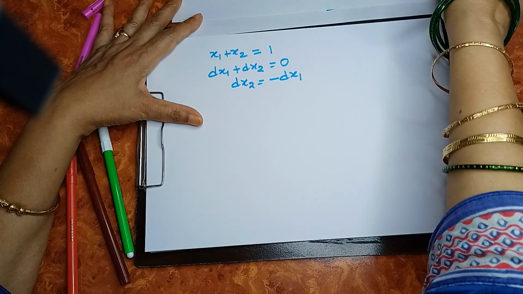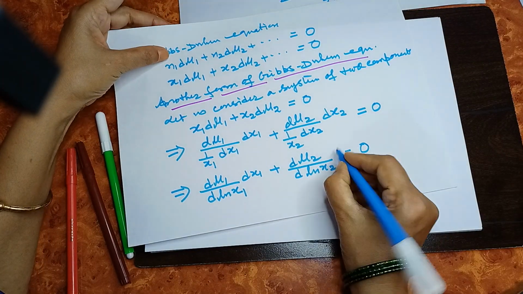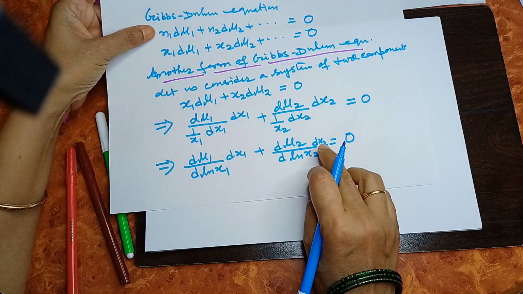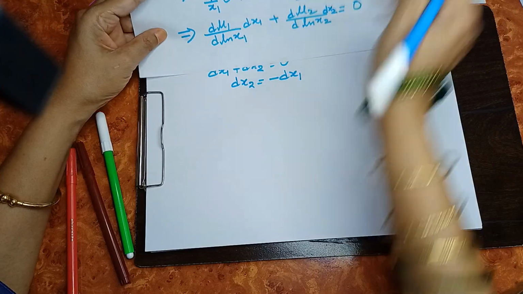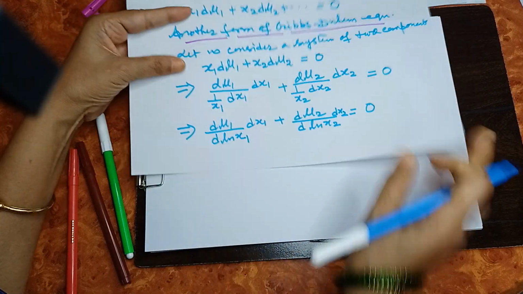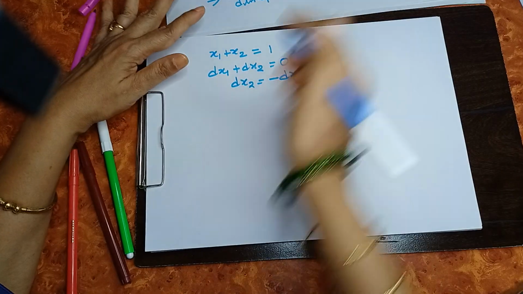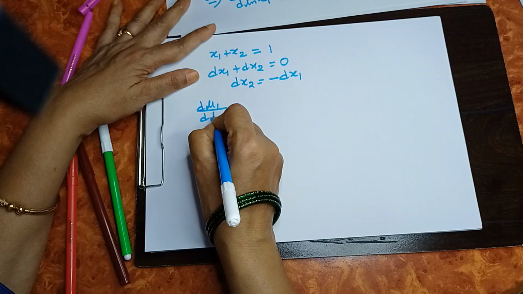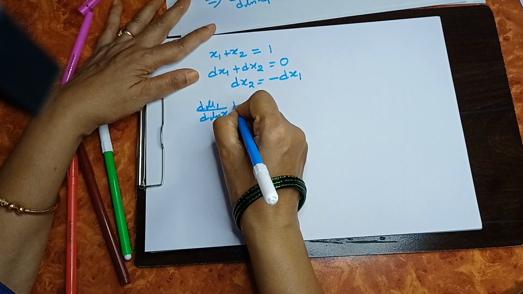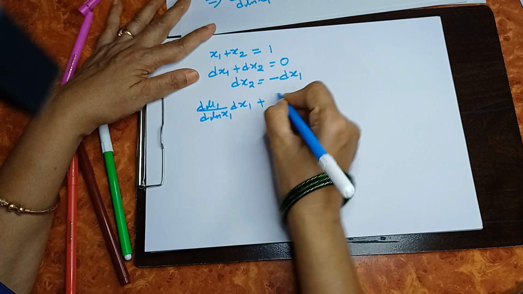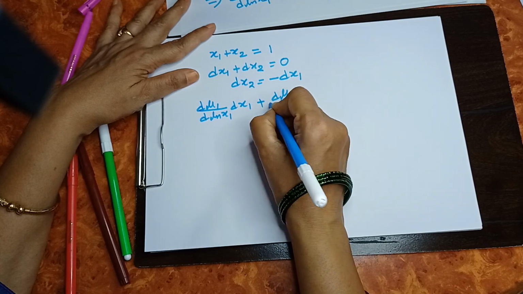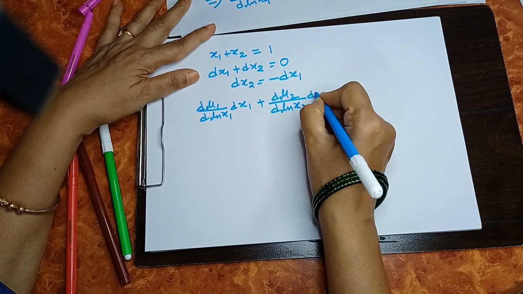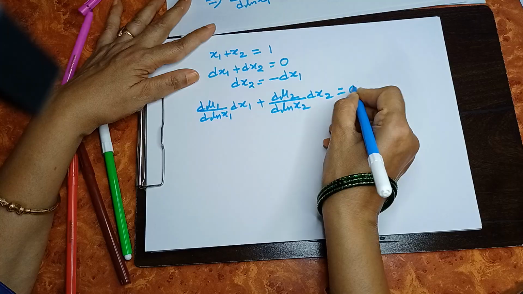Here, I forgot to write dx2. Okay. So in place of this dx2, once again I will write down this equation: d mu 1 by d ln x1 dx1 plus d mu 2 by d ln x2 dx2 is equal to 0.